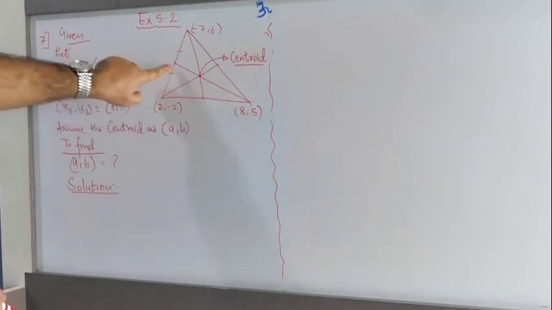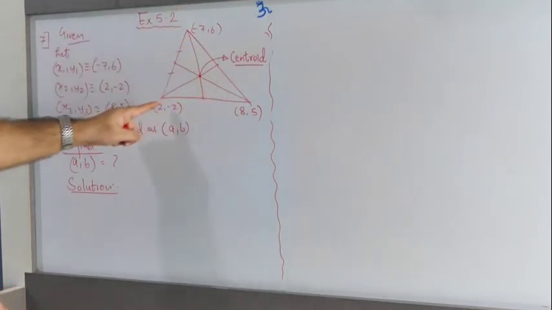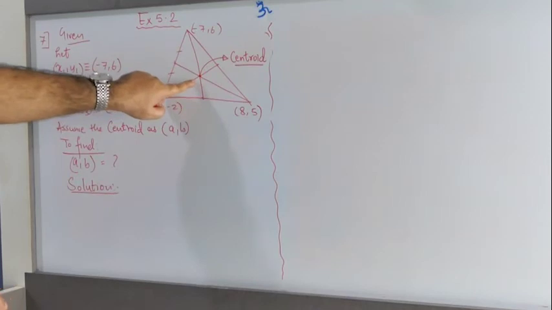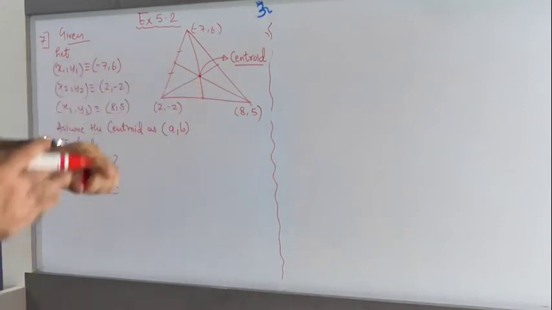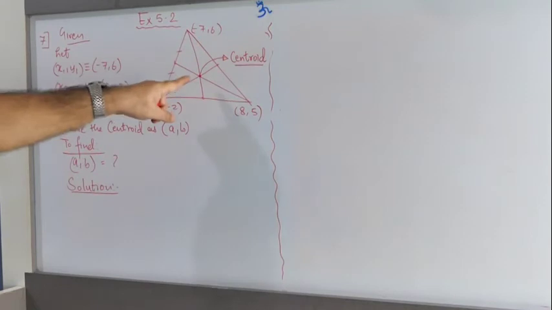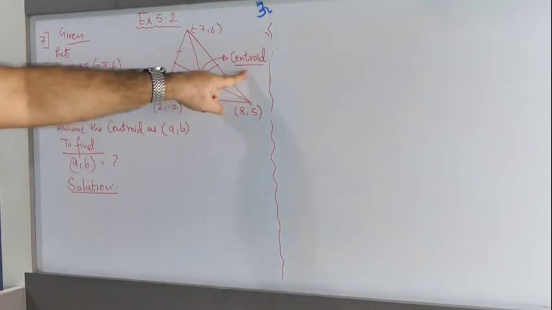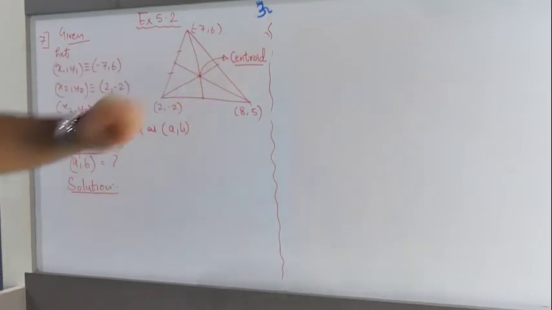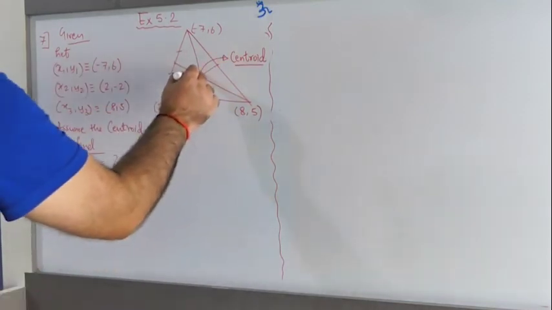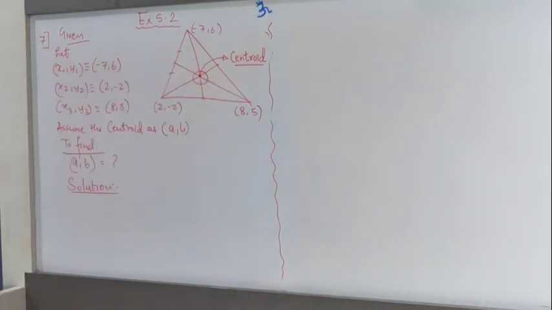So this is one median, this is another median, this is the third median, and all of these medians have a common point of concurrence. This point of concurrence where the three medians meet each other is called the centroid. So that's basically the centroid. You want to find the coordinates of this point here.